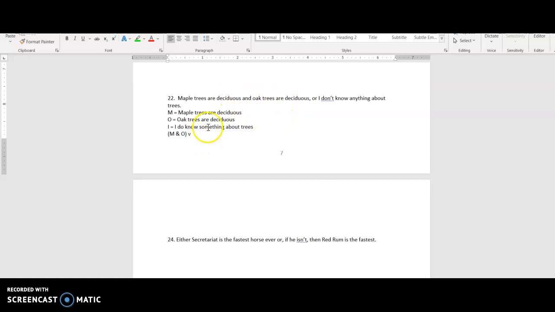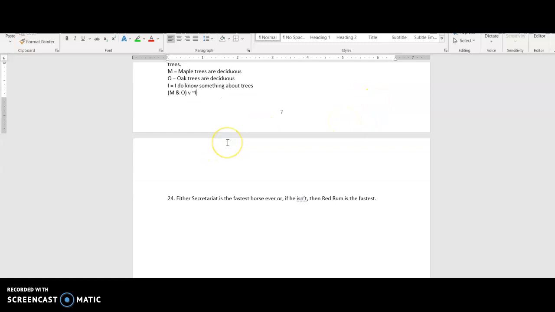Or not I. All right. So this is the main operator, disjunction. Left disjunct is a conjunction, M and O. Right disjunct is a negation. I don't know anything about trees. I do know something. It's not the case that I do know something.